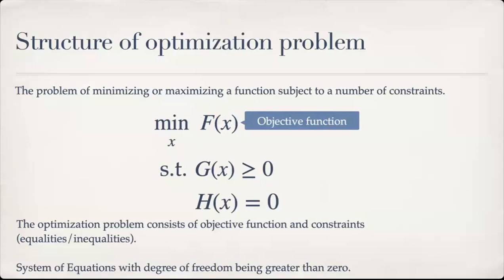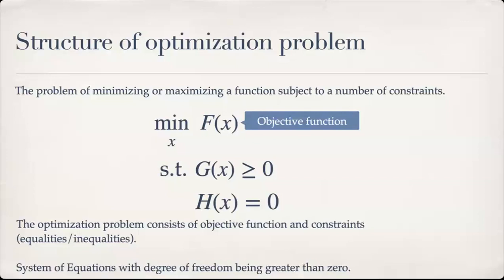We write minimize or maximize this way. When we write minimize, we want to minimize this function, and this function we call the objective function.